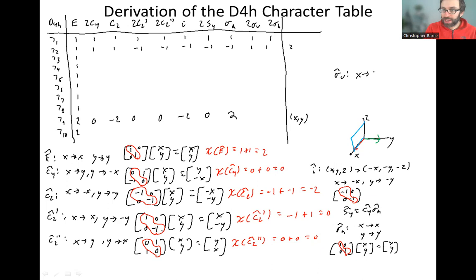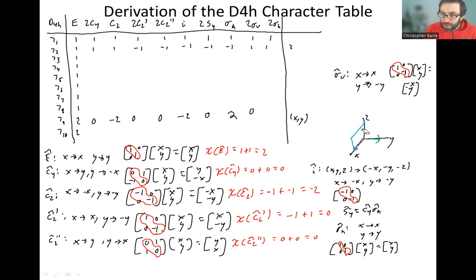So x goes to x. But the y vector is to the right of that mirror plane, so it's seeing itself at the left of that mirror plane, so it's going to go to negative y. And so we're going to get 1, negative 1, 0, 0. That's the matrix that describes that transformation of x, y going to x and negative y. When we take the trace of that matrix, we get 1 plus negative 1, which is equal to 0.